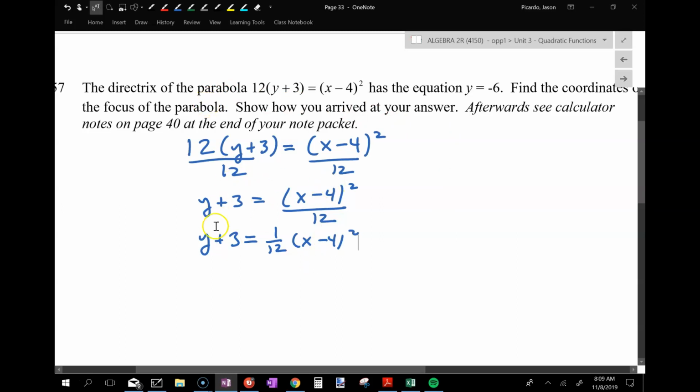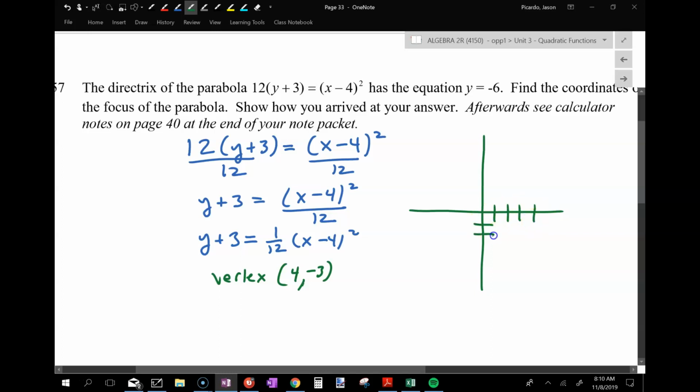What this gives me is the vertex very easily. The vertex is again going to be the opposite signs of what we have. So I can tell right away that that point right there is the vertex.